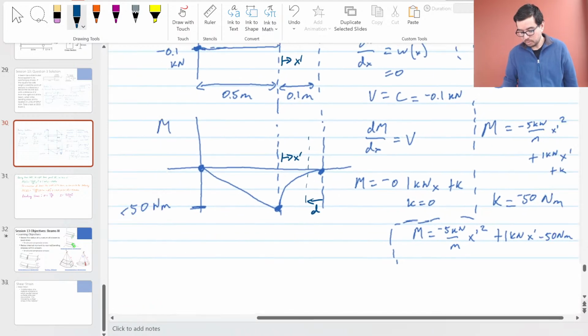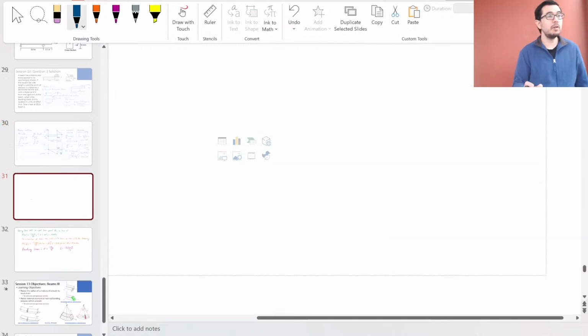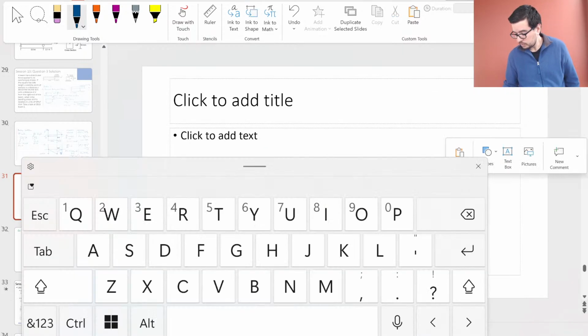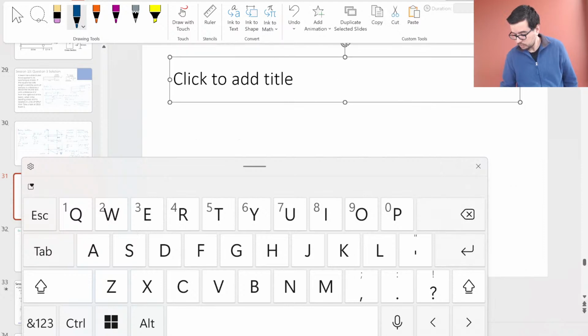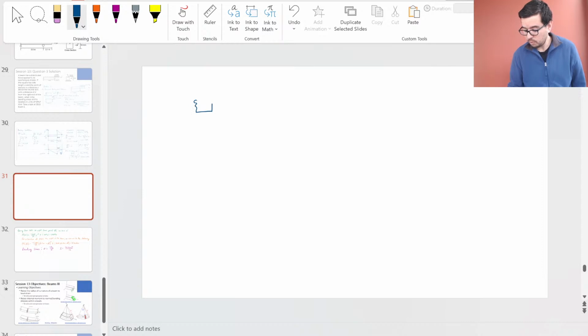There is arguably a simpler way, though. Okay? To find that bending moment, what we could have done at the very beginning, if we're just interested in that location, right?